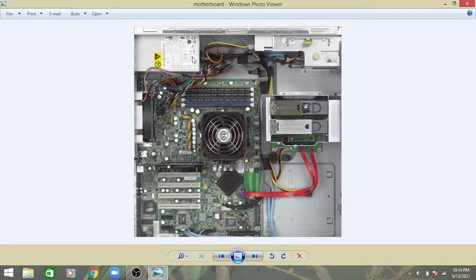So this is the SMPS. Behind this SMPS one fan is also required, so it is not visible in this picture. This part is required to cool, so a fan is available behind this. One fan here, and one fan is also required here, because below this fan there is a microprocessor.